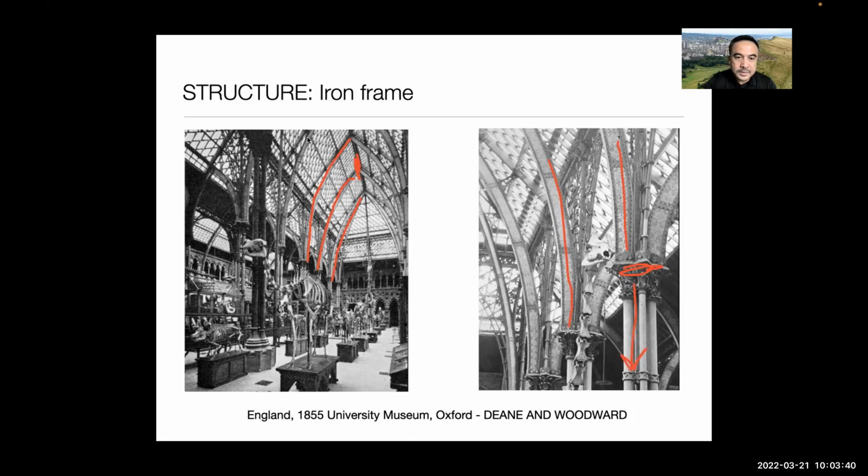Okay, that is the principle of frame structure. But the way this pointed arc was built allowed stone to perform in the same way as timber and steel. Right? That's the genius of the Gothic period.